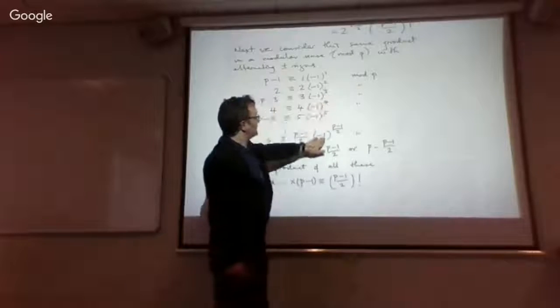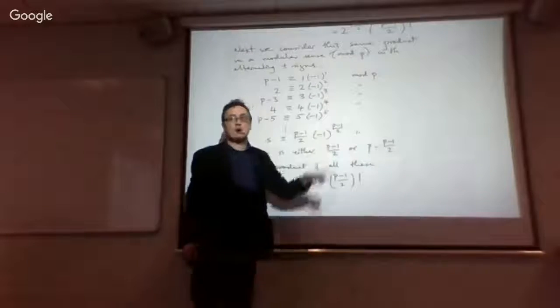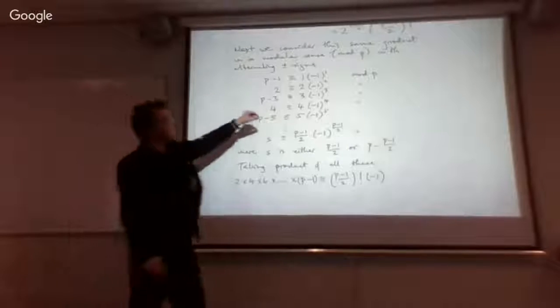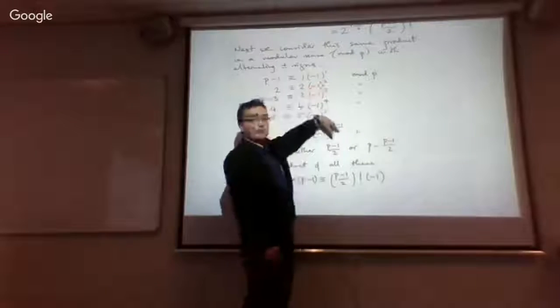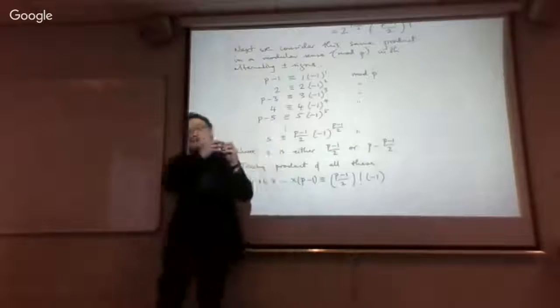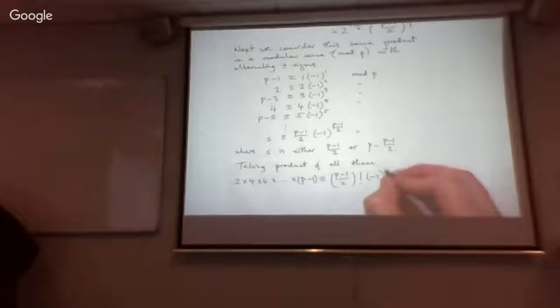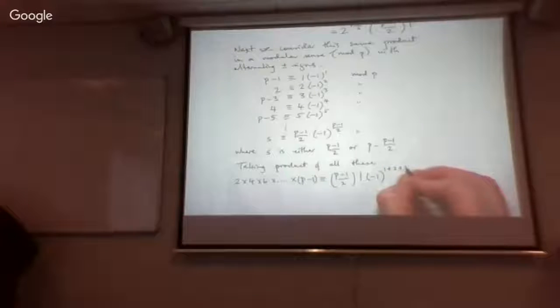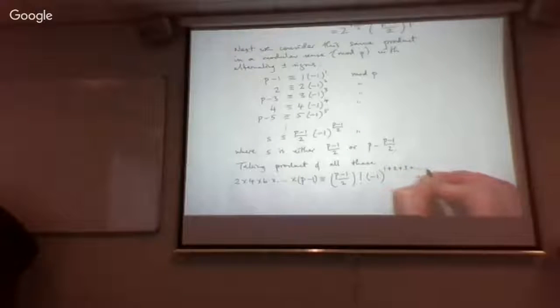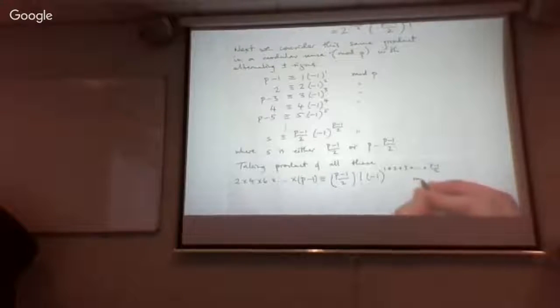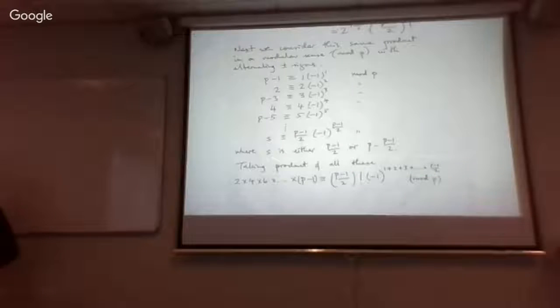So multiplying together a load of powers of minus 1 gives me minus 1 to some power. Now I'm multiplying together these different powers of minus 1. So what do I do with the exponents? I don't multiply them together, I have to add them, just using the rules of indices. So this is 1 plus 2 plus 3 plus all the way up to the last exponent, which is (p minus 1)/2. And this is a congruence modulo p.